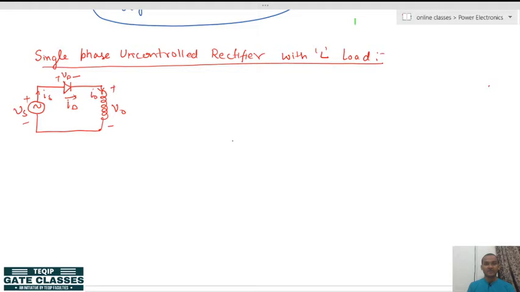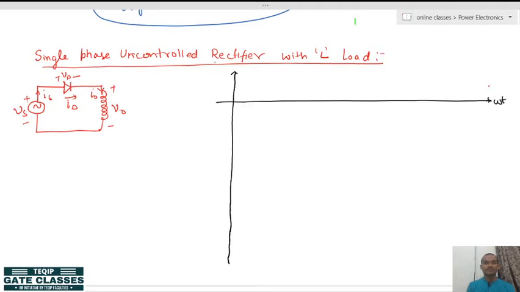First, just drawing the axes. Let us have this as my source voltage, with zero, pi, 2 pi, 3 pi, 4 pi, 5 pi.